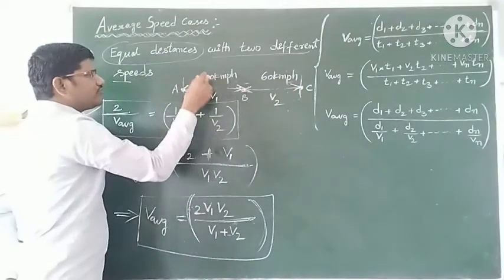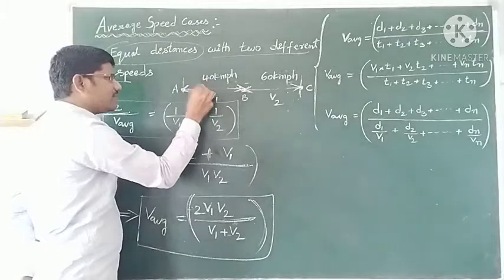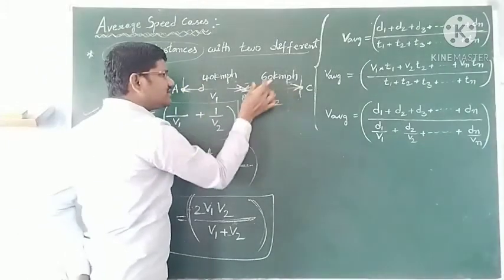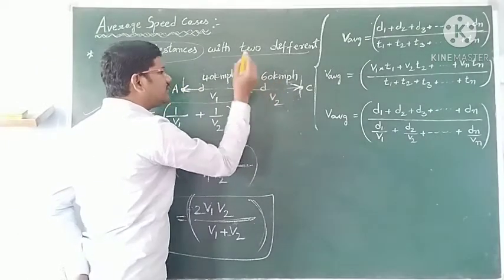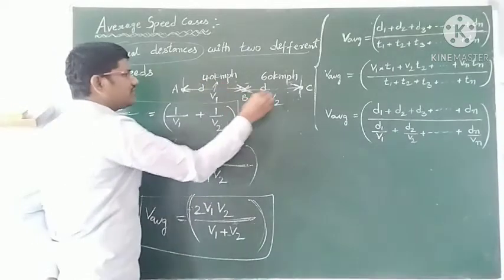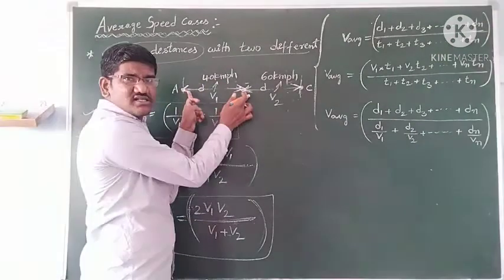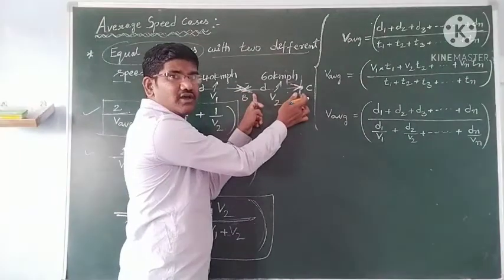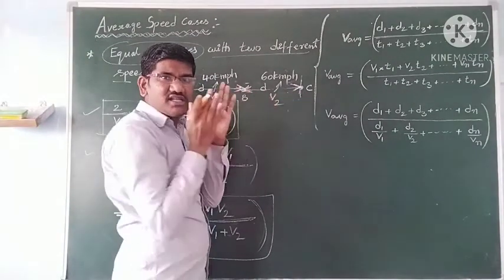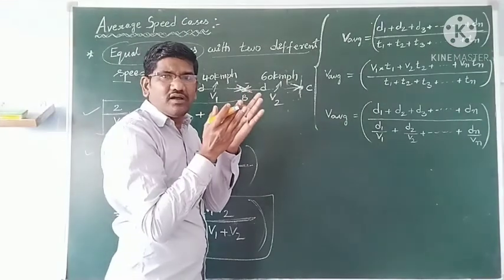While maintaining these speeds, the distance is the same, D only. But speeds V1, V2 are different. A to B distance is exactly the same as B to C distance. Distances are same, speeds are different.